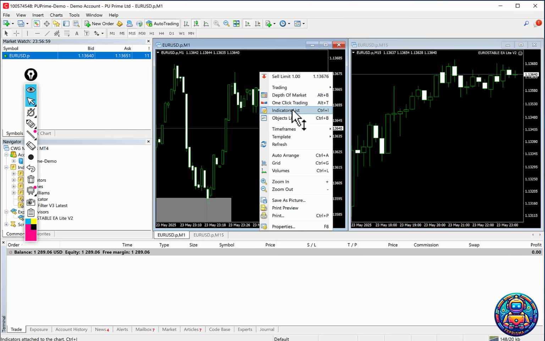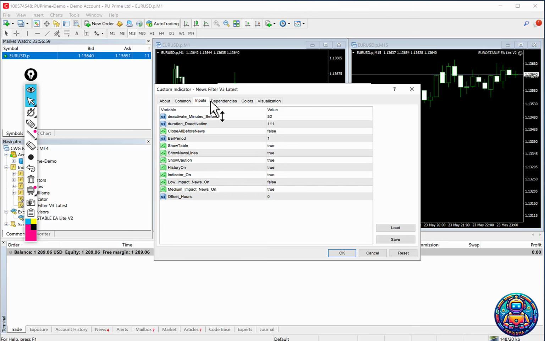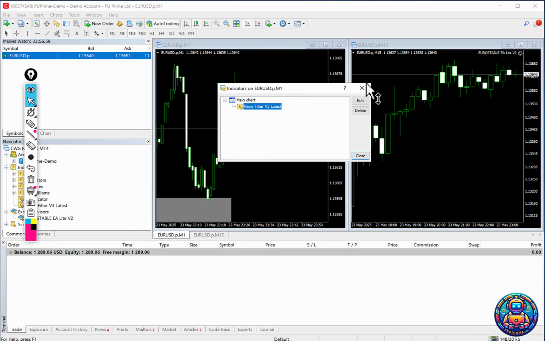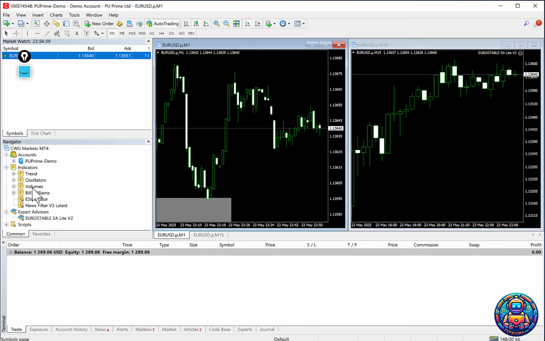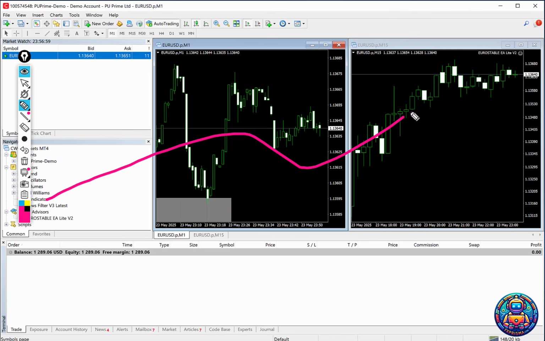Now for the news filter, two filters are included. The first one, your EA will be deactivated 52 minutes before the news. So this is the good thing, and then it will be re-enabled after 1 hour or so. And then the other one which is included, the indicator, you just put in the indicator folder. The EA will get feedback from this indicator to determine where to buy and where to sell itself.